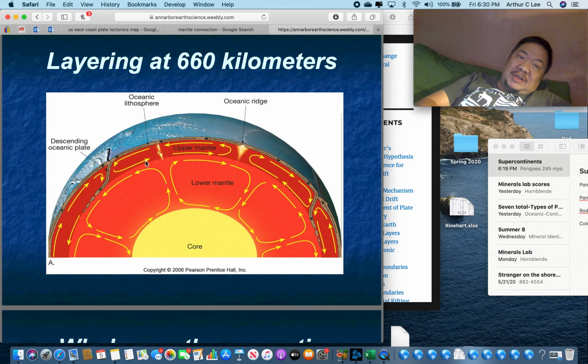Here you can see a convection cell. As heat moves up and comes into contact with the cold ocean, it cools down, and so you form a circulation cell, which both pulls plates apart at the mid-ocean ridges or rift valleys, or causes plates to be pushed down into the mantle.